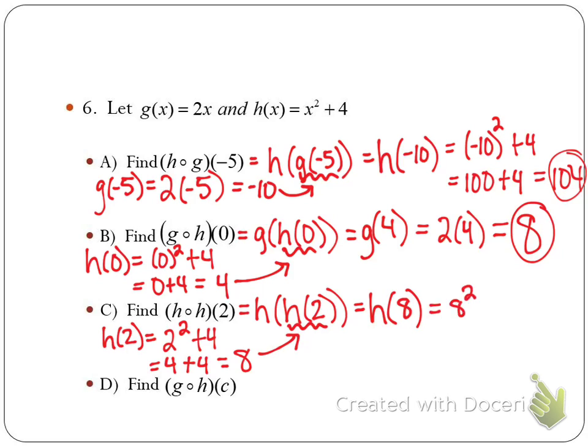So this time it would be 8 squared plus 4. 8 squared is 64 plus 4 is 68. Questions about letter C? Same process, just looks a little bit different. We're all okay with A, B, and C though? First 3 problems?